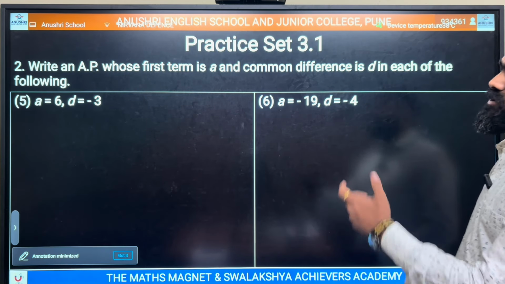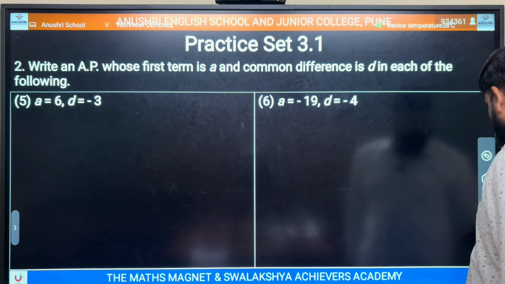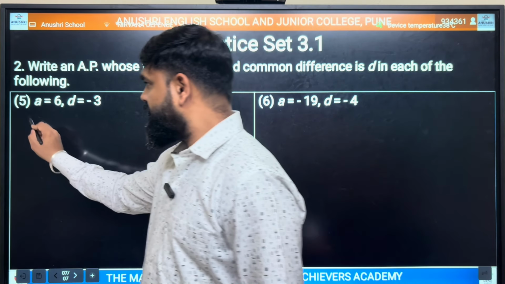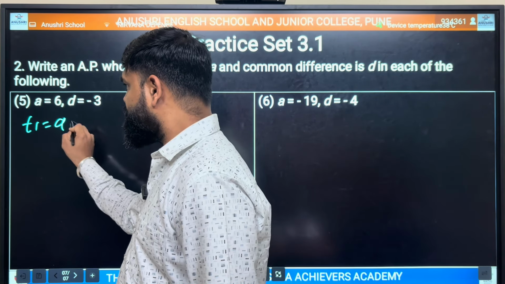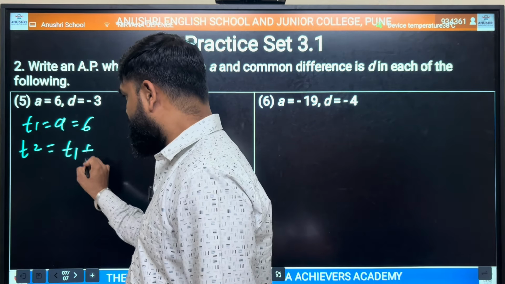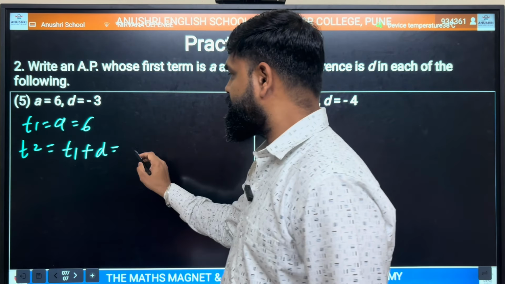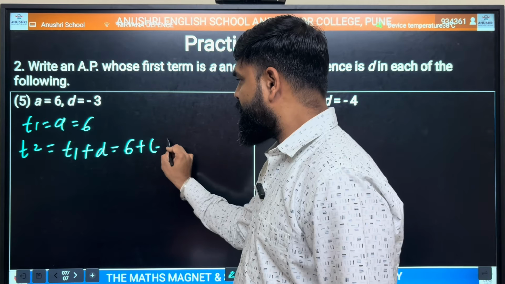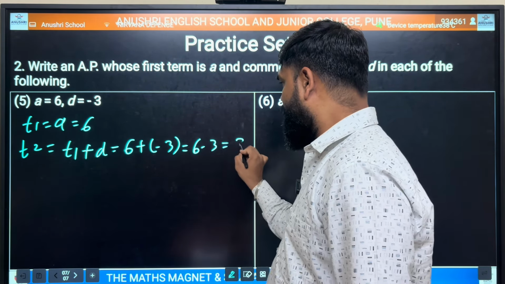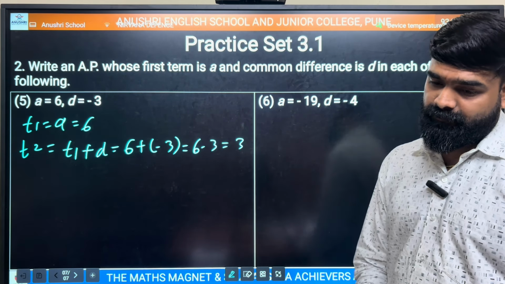So in question number 5, in the same question, in the second question, we got this question number 5 here. So T1, A is equal to 6, T2 is equal to T1 plus D, T1 which is 6 plus minus 3. So this will be 6 minus 3. We got 3.